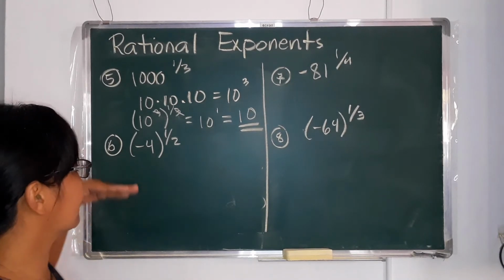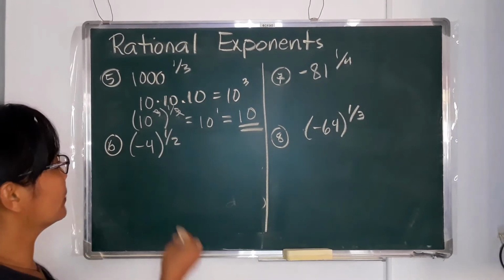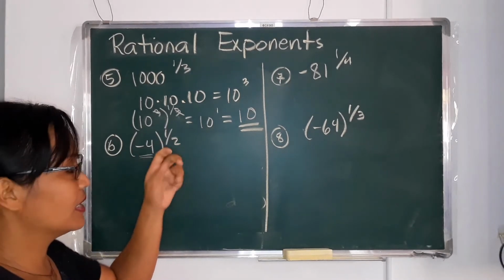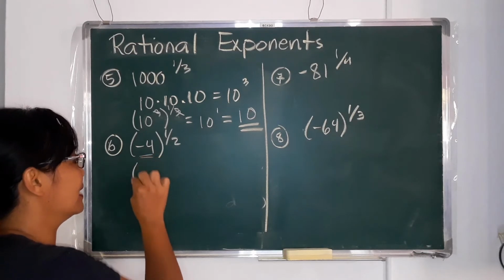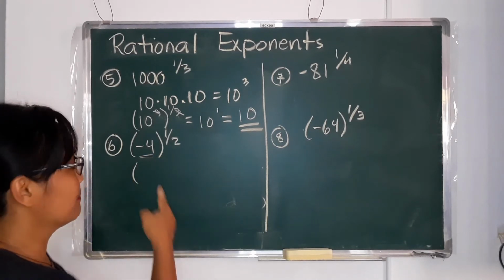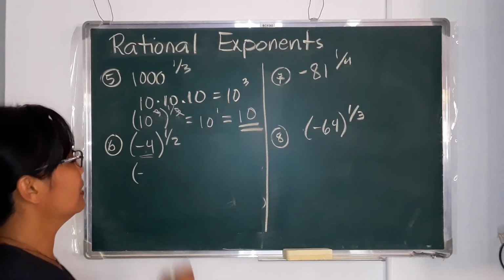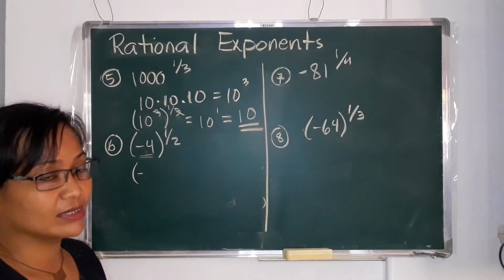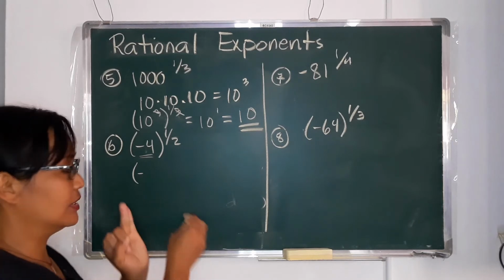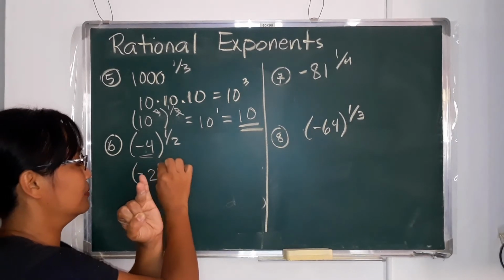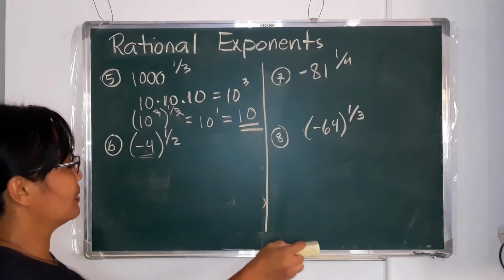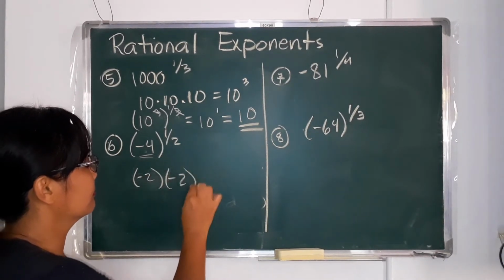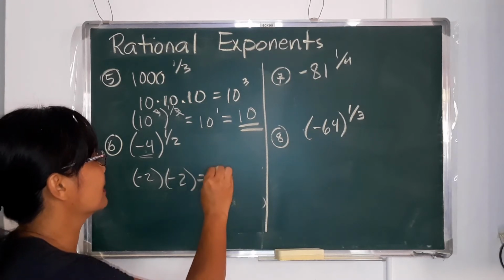Next, number 6. Again, if you notice, we have a negative base and the exponent is an even number. But before that, let's try again for you to practice. Think of a number that if you multiply by itself, it becomes 4. So we have 2. 2 times 2, 4. So we have 2 raised to 2. Okay, let's write first. Negative 2 times negative 2 is equal to positive 4.